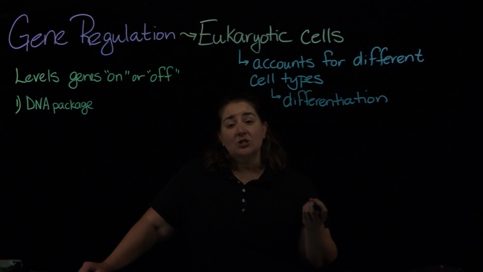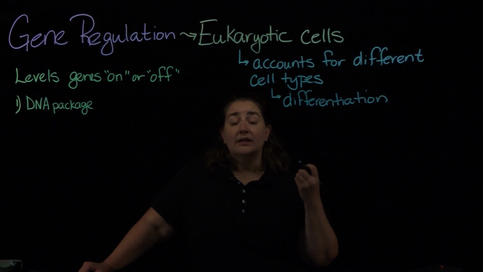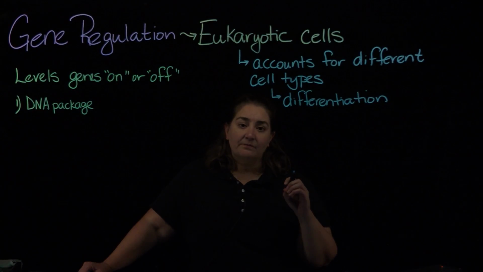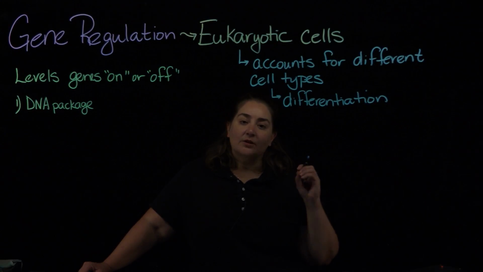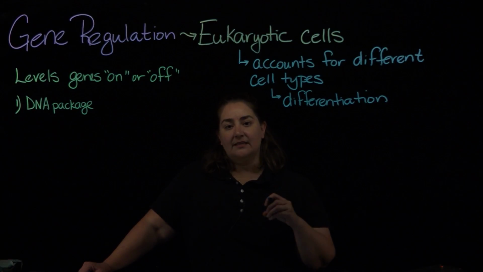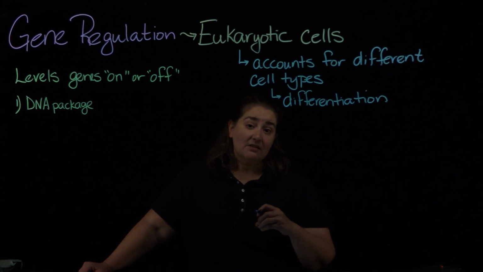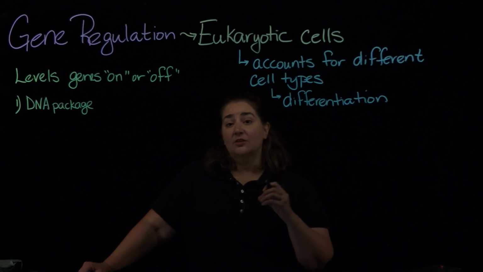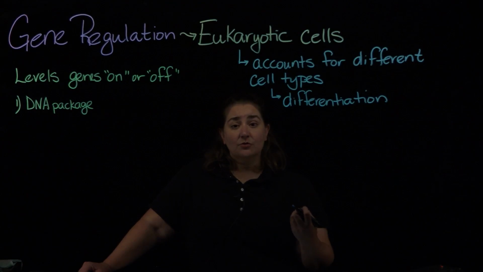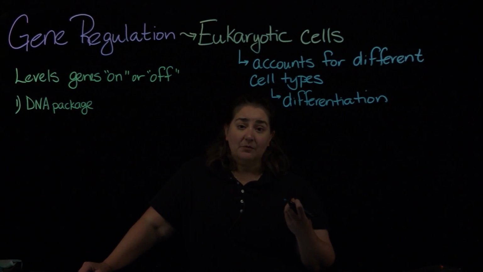There are going to be genes that are important in a liver cell in order for a liver cell to do its job. The genes that are needed for a liver cell to do its job are different than the genes in your kidney. So you're going to have a different set of genes that will be active in your kidney cells versus your liver cells, okay? And that'll be true of all the tissues that make up the body.